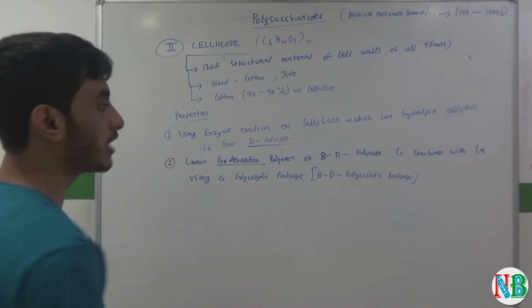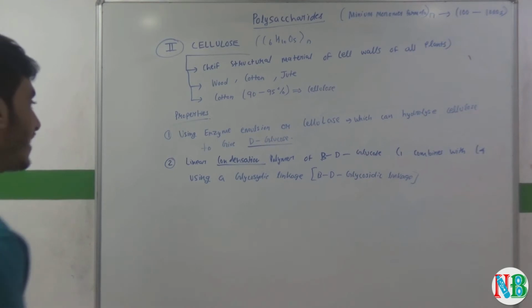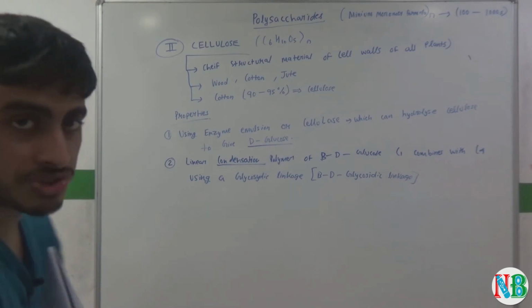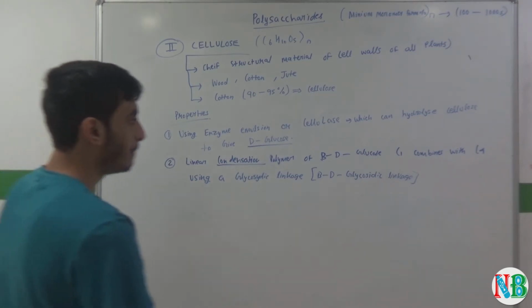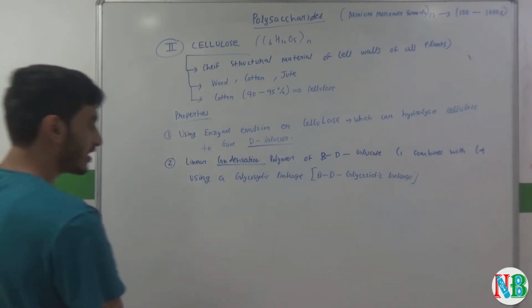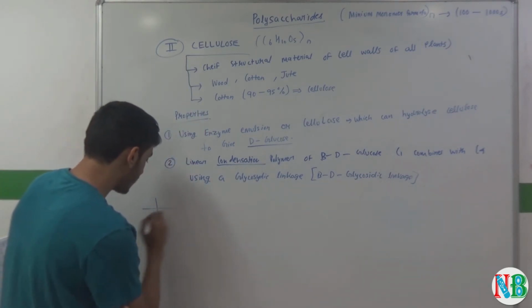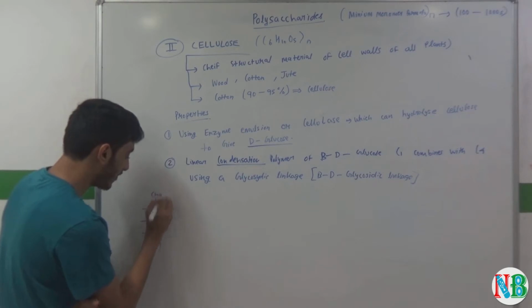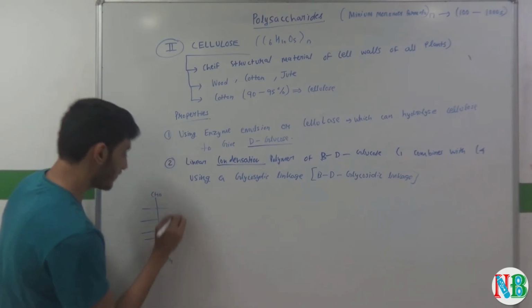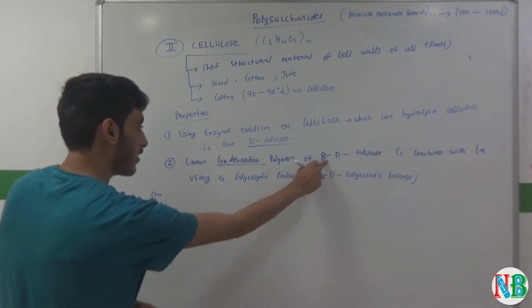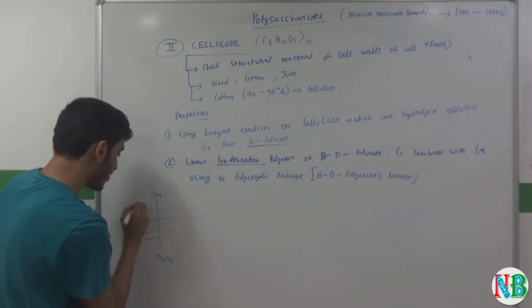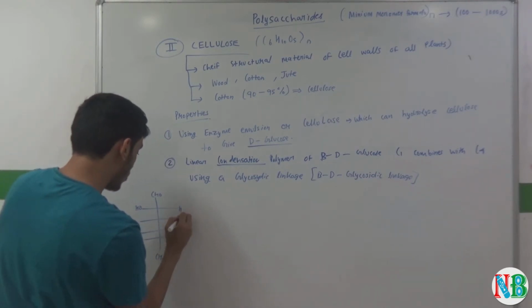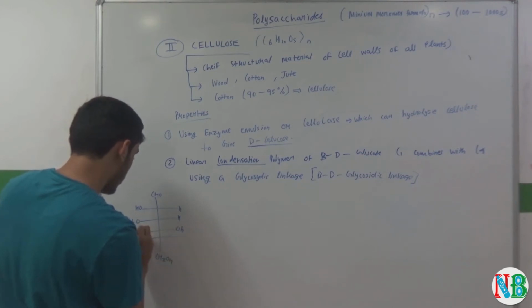Okay, now comes the structure of cellulose. Suppose you have to draw the structure of cellulose. The first thing you have to start from is the structure of beta D glucose. I'll just draw it. First draw 4 horizontal lines. On the top you have the aldehyde and at the bottom the primary alcohol. OH has to be here, H, OH there, then OH the same way, OH, OH.